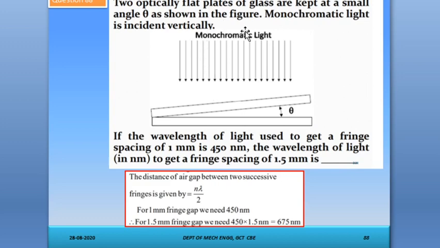The wavelength of the light used to get a fringe spacing of 1 millimeter is 450 nanometer.